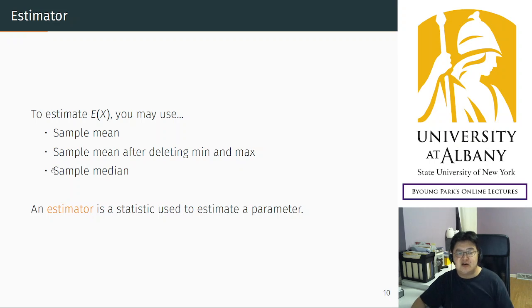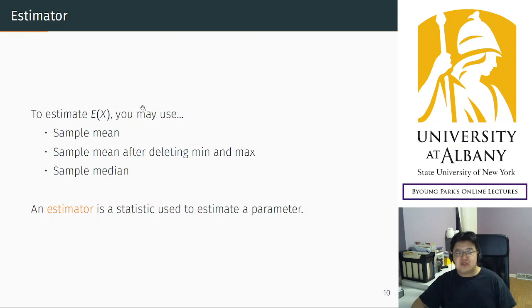Or you may use the sample median, right? Some may be better than the others, but all of them can be an answer, right? Even if they are wrong, still not a problem. They can serve as an estimator. So an estimator is a statistic to estimate a parameter, right? It's obvious.